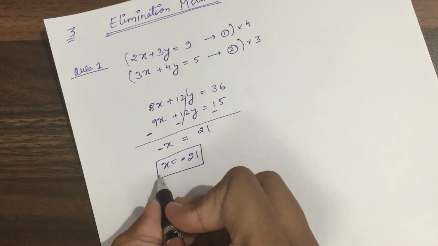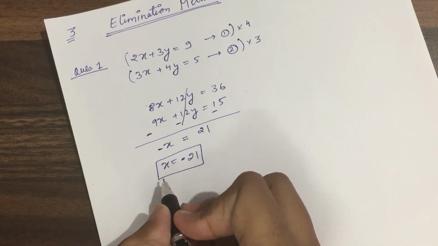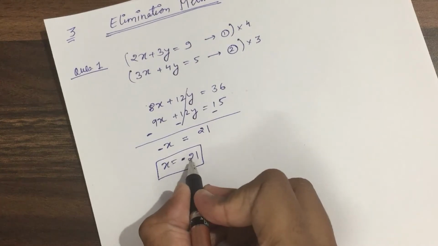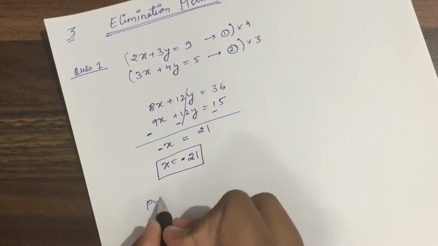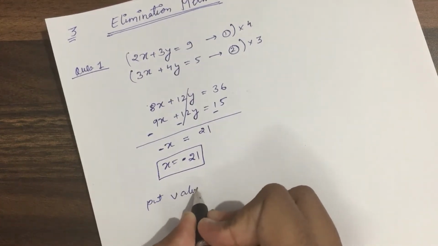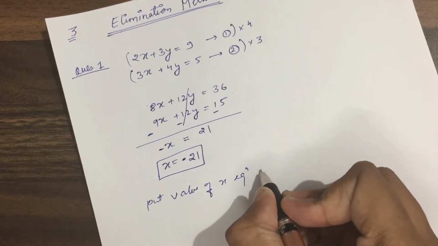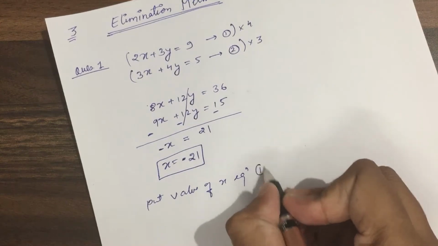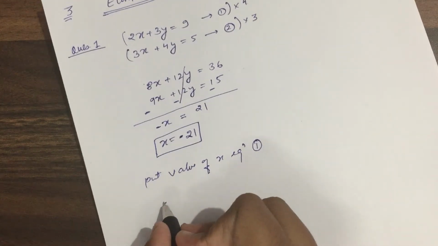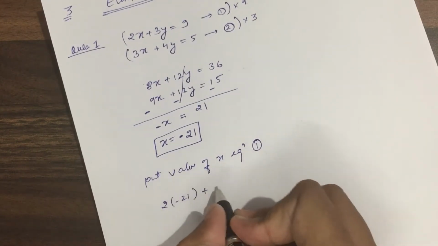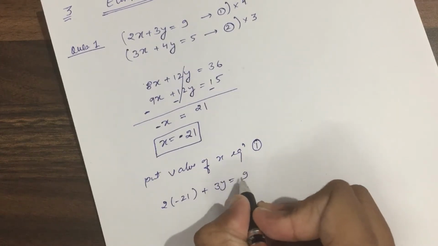Now in order to get the value of y, we can put this value of x in any of the above equations. Let us take equation 1. So 2 into minus 21 plus 3y equal to 9.